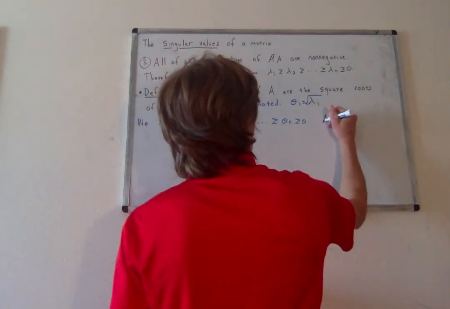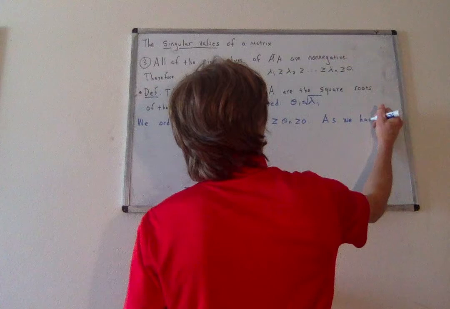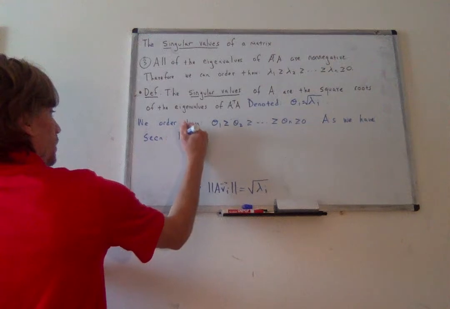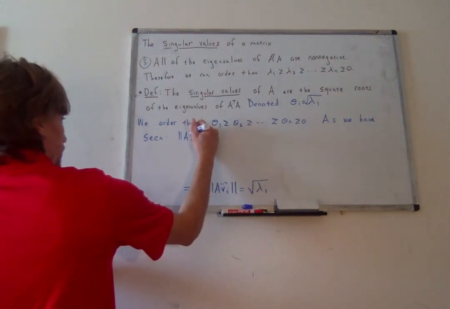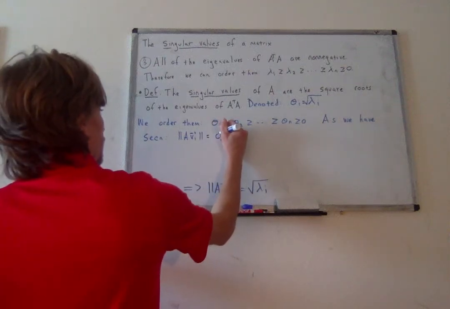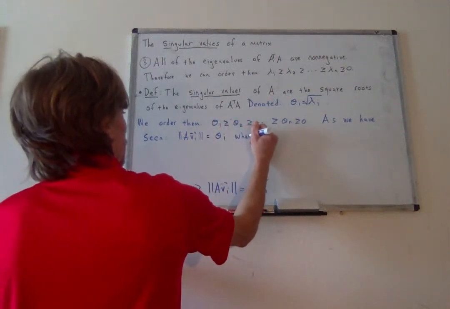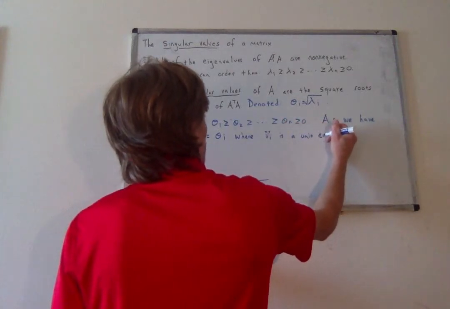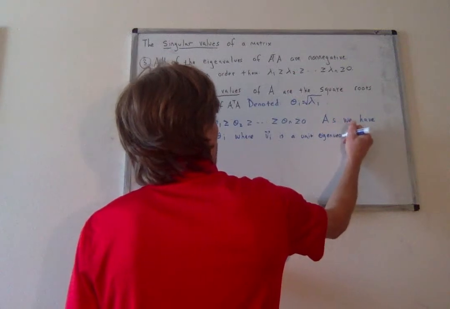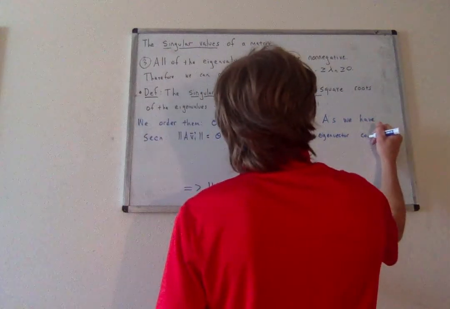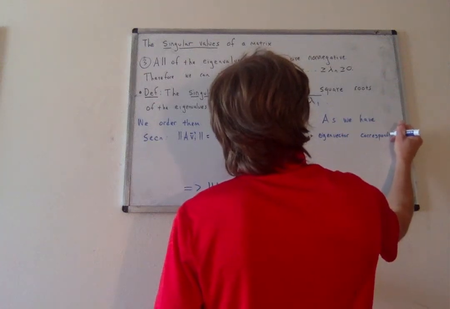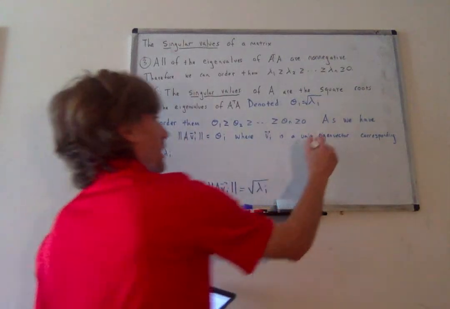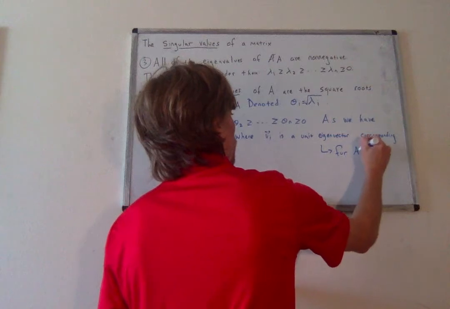And as we have seen, the length of A times Vi is equal to sigma I, where Vi is a unit eigenvector corresponding to lambda sub I. And so this is a unit eigenvector, should be pointed out, for A transpose A.